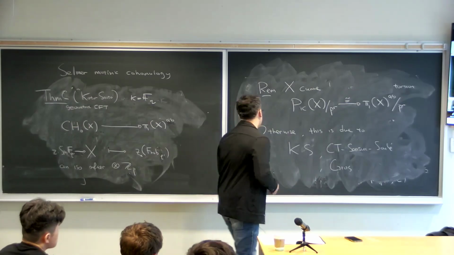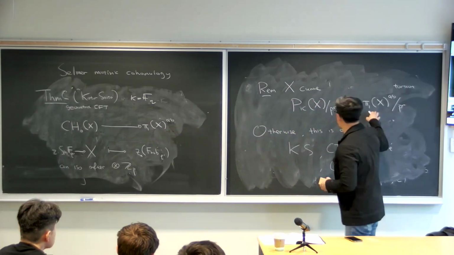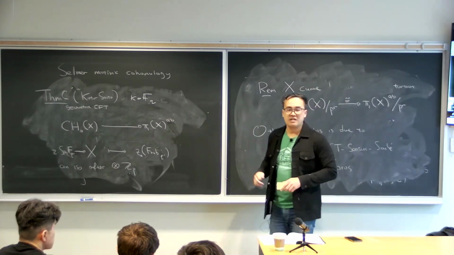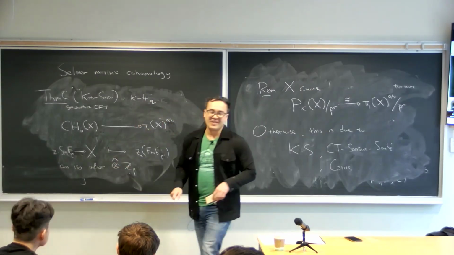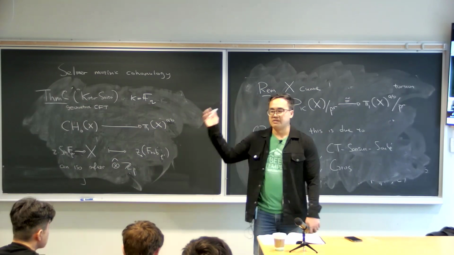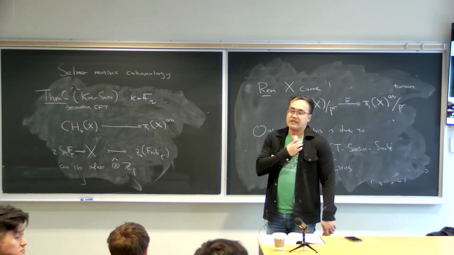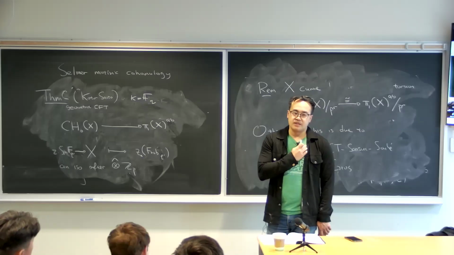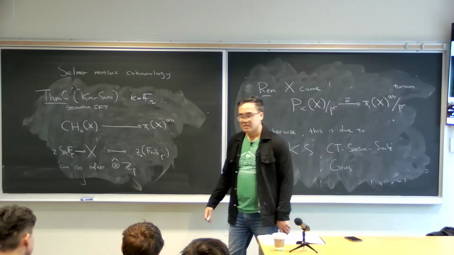Maybe I should replace this with the inverse limit on the left. Let's do that. On the right you could say these are profinite completions. You're right, there's some Z-hat on the right.